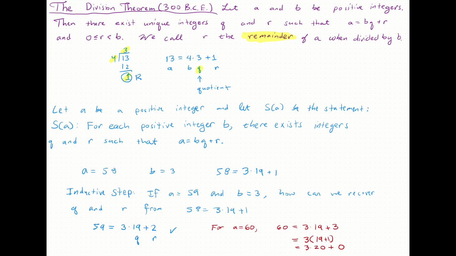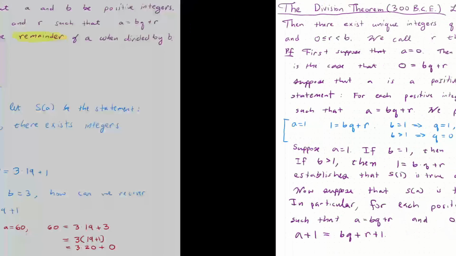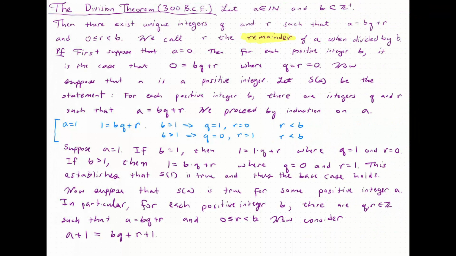But we have to be careful, because if we had then started with 59 instead, added 1 to both sides, we would have gotten 60. And then now the remainder would be 3, but because our B is 3, that is not in fact the remainder, and so then we have to factor out. And so we're going to break this into two cases.